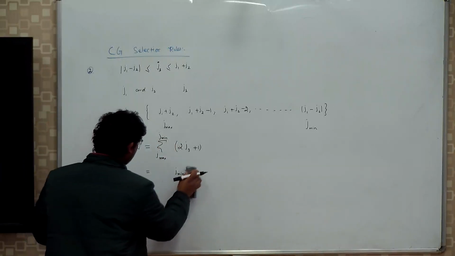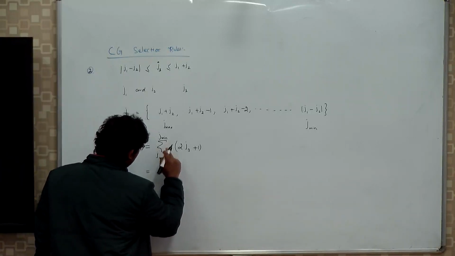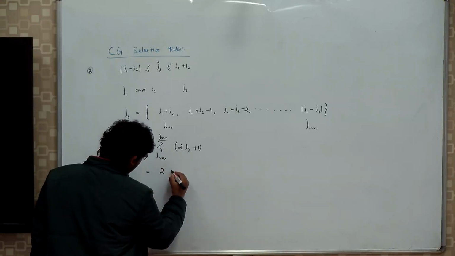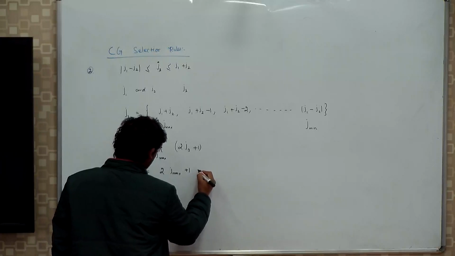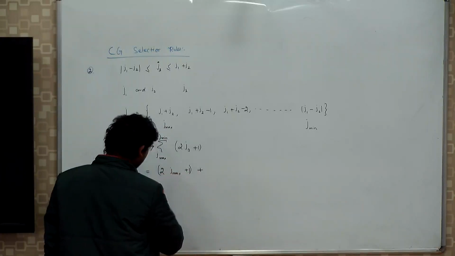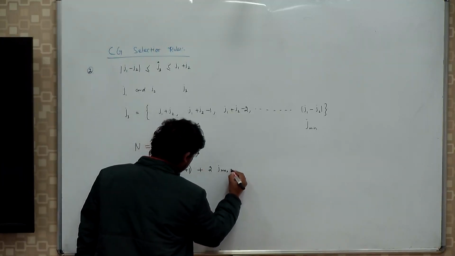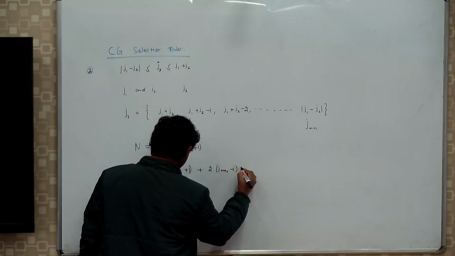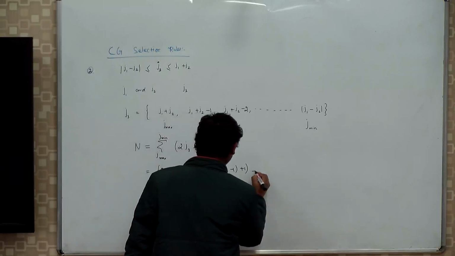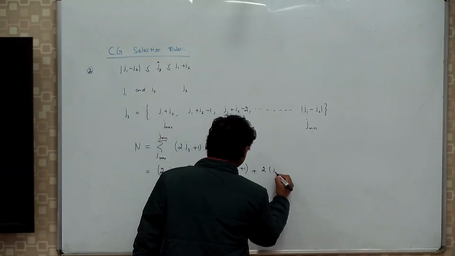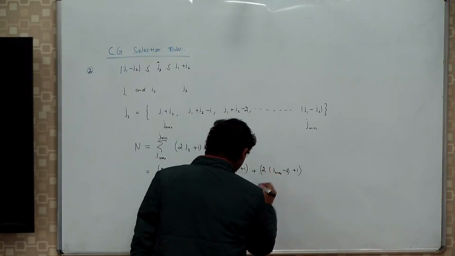Then, for 2 J maximum in place of J3, you write 2 J maximum plus 1, then plus, in brackets, 2 J maximum minus 1 plus 1, then plus 2 J maximum minus 2 plus 1, in another bracket.